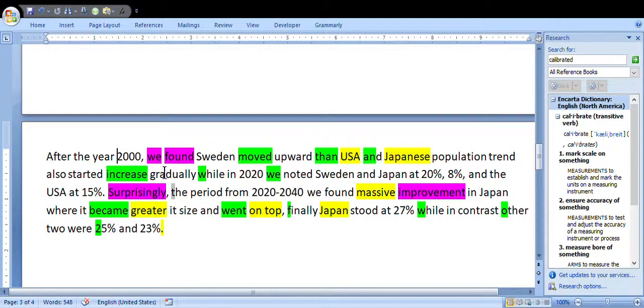I could call this grammar because look what this paragraph moved up, open, and again, one big sentence. Moved upward. Upward than. That's not a comparison.